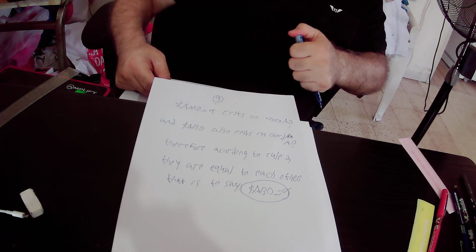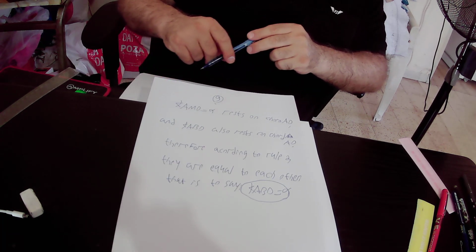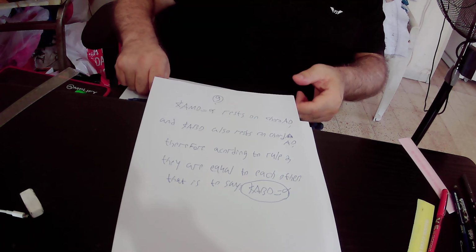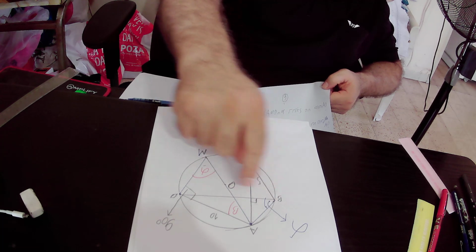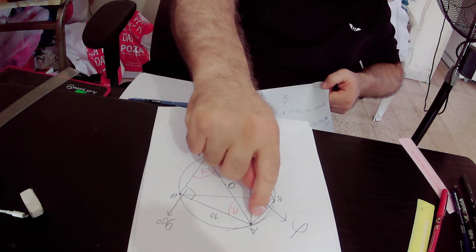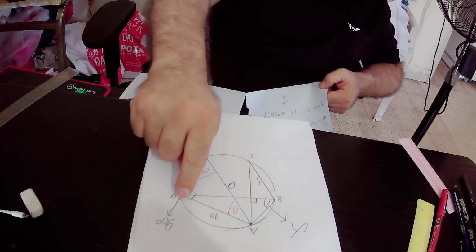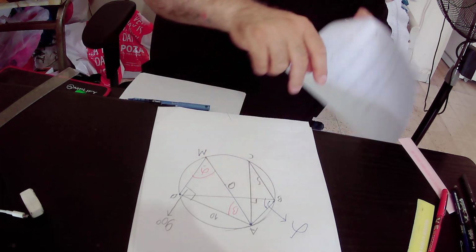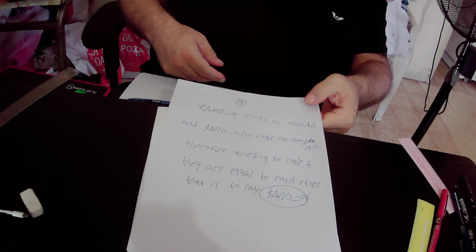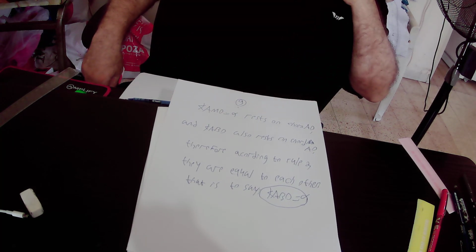And angle ABD, that is a peripheral angle, also rests on the same chord AD. Both those two angles rest on the same chord AD. Therefore, according to rule number 2, they are equal to each other. Okay?